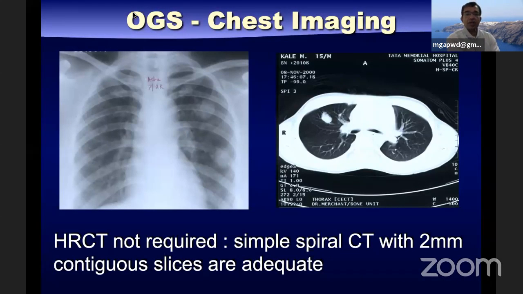Now, coming back to the chest imaging, there's often confusion as to what kind of CT scan of the chest we do, and why we need a CT scan in the first place. So to answer the second question first, we need a CT scan because a chest X-ray will detect a metastatic nodule only if it is more than 8 millimeters in diameter, whereas a CT scan can pick up lesions which are as small as 2 millimeters.